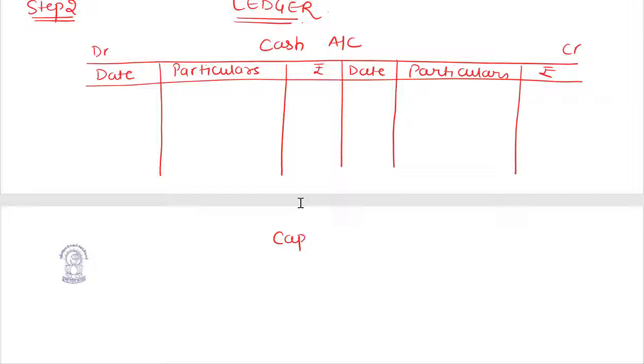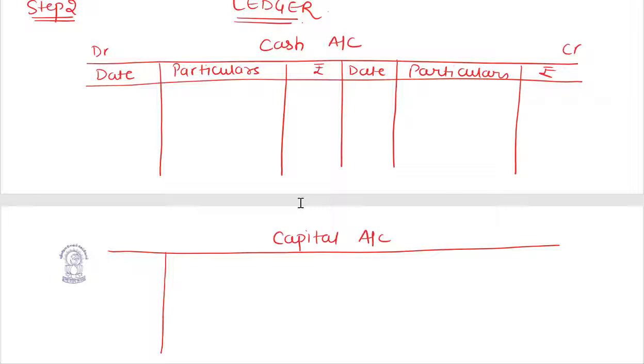Capital account. Give the same headings. Date, particulars, amount, date, particulars, amount.